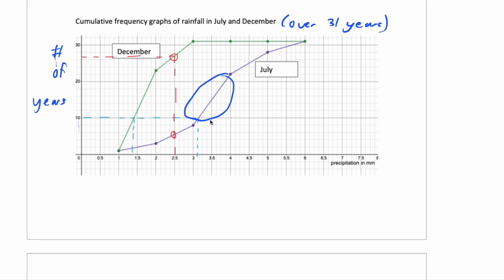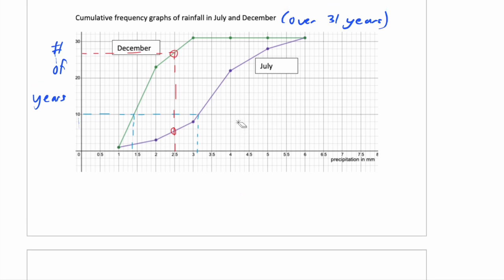The steepest part of the graph is where you have the most data values, okay? So that's like the modal group. The modal group is from 3 to 4 millimeters. So it looks like for many years there are a lot of data values between 3 and 4 millimeters. Okay.